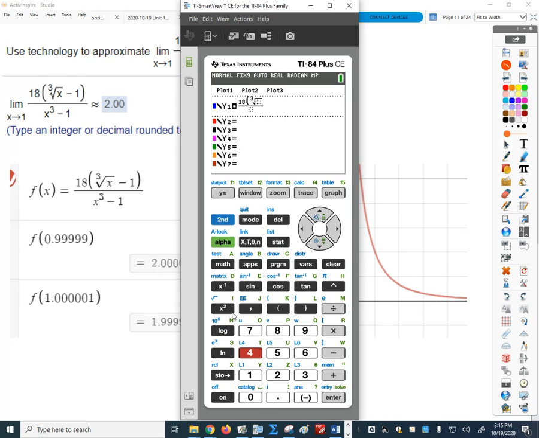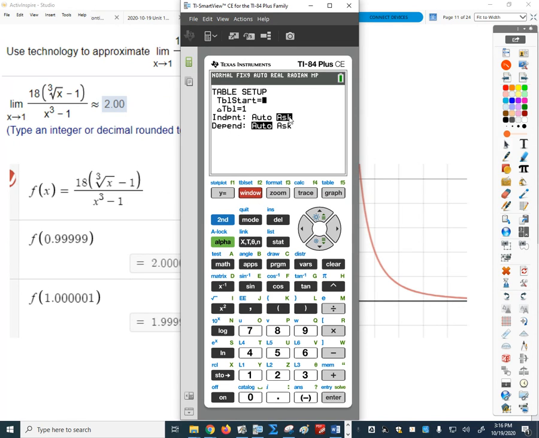Cube root of x, scoot to the right, minus 1, close the parentheses, divided by x cubed minus 1. And then we could go up to table. If we set the table, we want the independent set to ask, so we can plug in any value we want to.